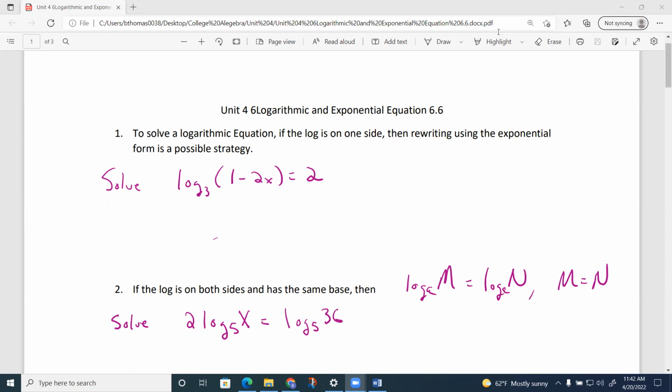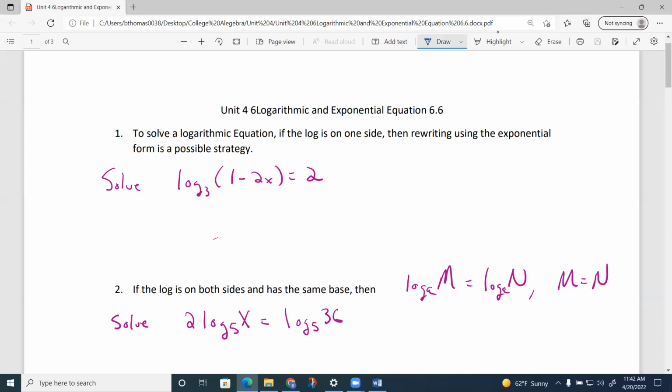So the first type of logarithmic equation, if the log is on one side, then what we can do is rewrite it using what's called the exponential form of the equation, if possible. So let's have this example. We have the log of 1 minus 2x base 3 is equal to 2.